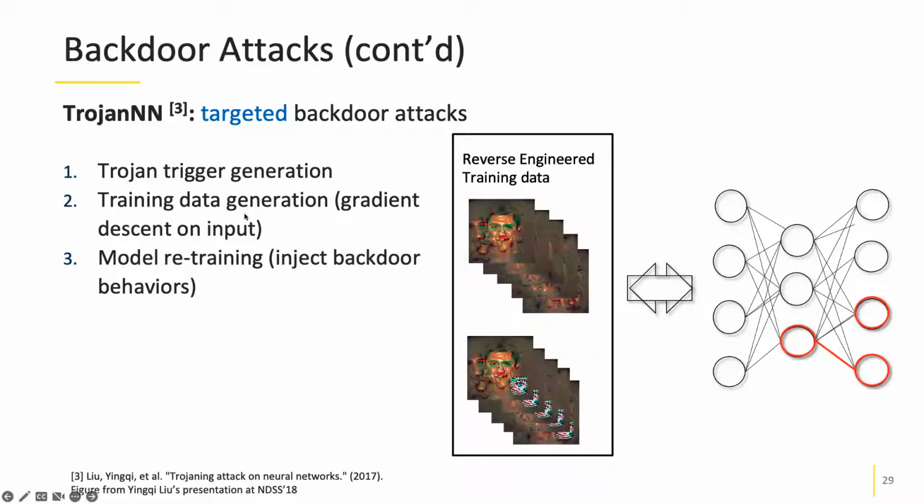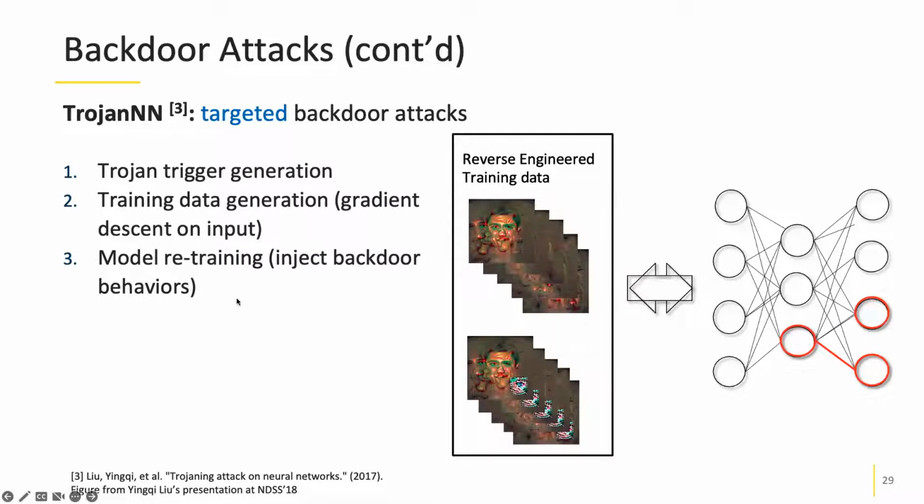The second step of Trojan NN is generating training data by performing gradient descent on the input. This is because it makes an assumption that the adversary does not have access to the original training data for the victim model.